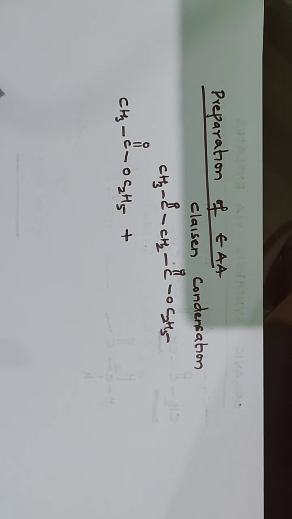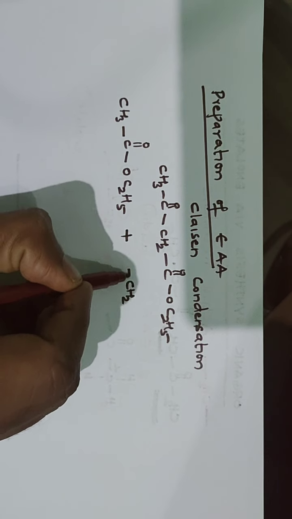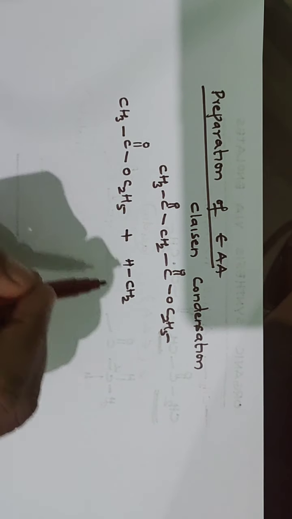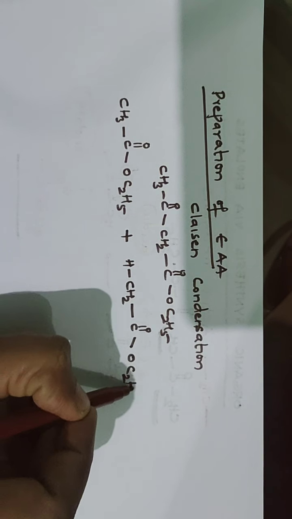I will write another molecule of ethyl acetate, CH3 C double bond O, OC2H5.